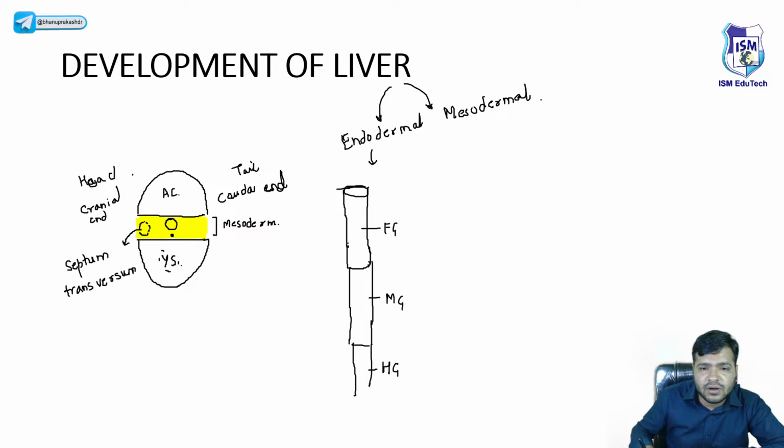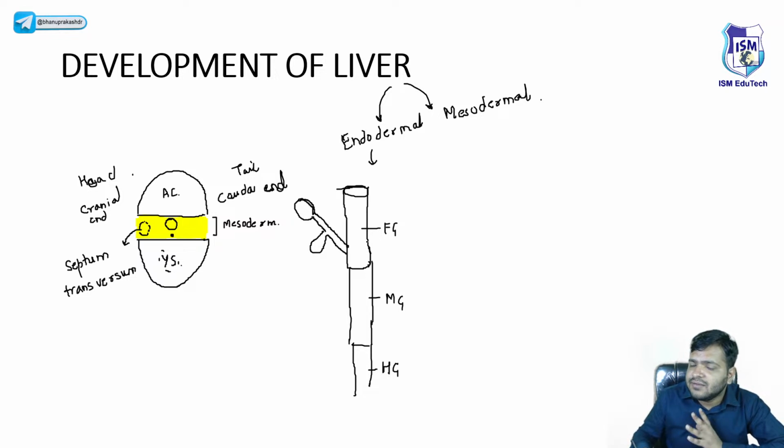Now this foregut has an extension, a bud which is coming. From this bud, we have the biliary tract, and we have the cystic bud also coming from this foregut.